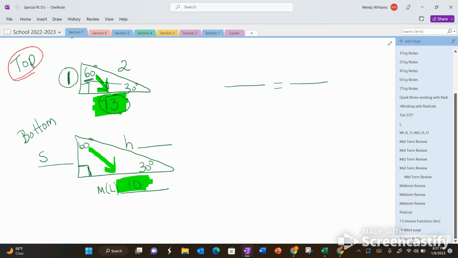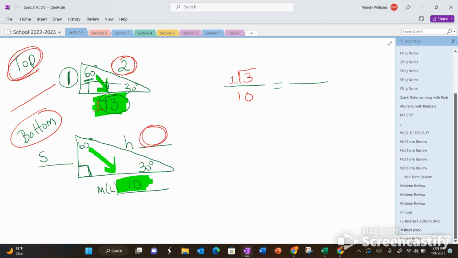Again, top over bottom. So we're going to take square root of 3 or 1 square root of 3. It depends on how you want to read it. You don't have to put the 1 in front, but I'll put it there just so you see that it is a little bit bigger than the small. Compared to 10 is going to equal, now let's compare hypotenuse compared to hypotenuse.